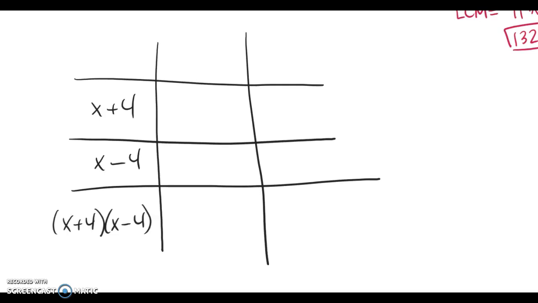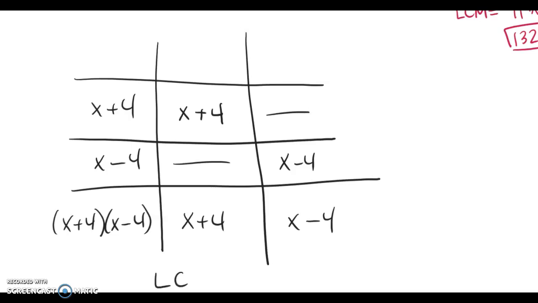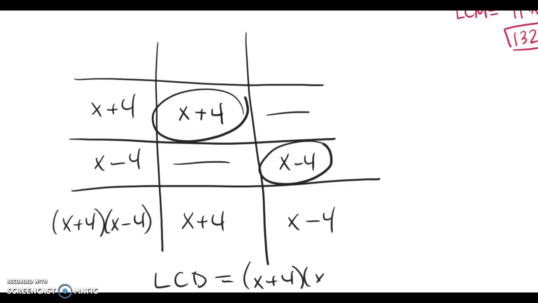If I look at the factors, this one is different than what I did in the last problem. This whole thing is a factor. This whole thing is a factor. And here you've got an x plus 4 times an x minus 4. So the LCD for this, taking the highest in each one, would be made up of x plus 4, x minus 4.